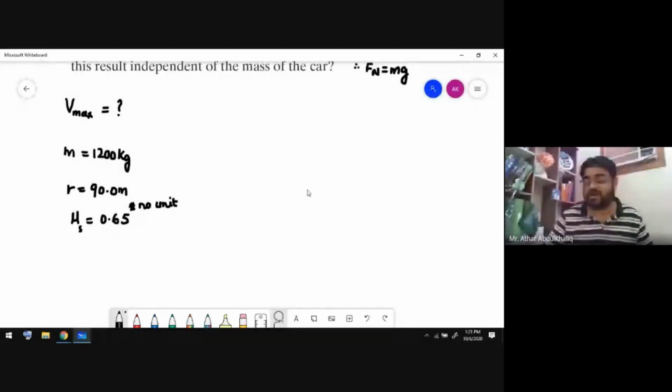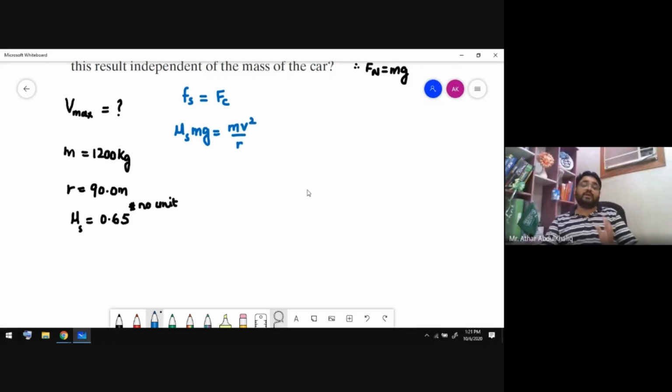So I'm going to use this condition: according to our condition, this static friction Fs should be equal to Fc, and we are very well aware that Fs is equal to mu s times mg, and Fc is equal to mv square over r. Now what I need to find is v. First of all, I will check what is cancelable. I can see the mass m can be cancelled.